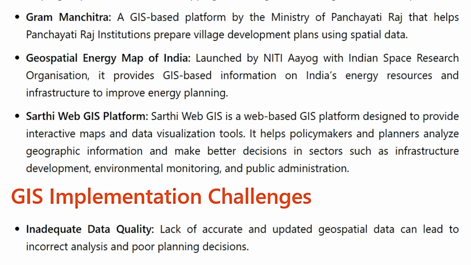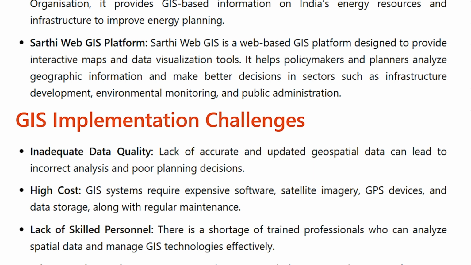GIS implementation challenges. Inadequate data quality. Lack of accurate and updated geospatial data can lead to incorrect analysis and poor planning decisions. High cost. GIS systems require expensive software, satellite imagery, GPS devices, and data storage, along with regular maintenance. Lack of skilled personnel.